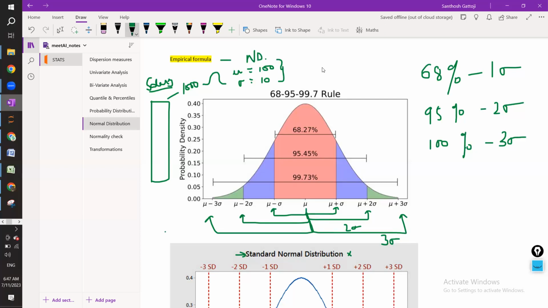100, 100, 110. No, what is one standard deviation distance, guys? From where to where can we say it is one standard deviation?